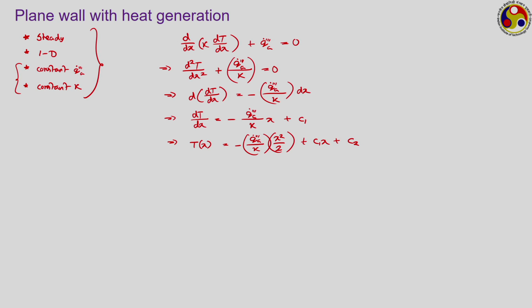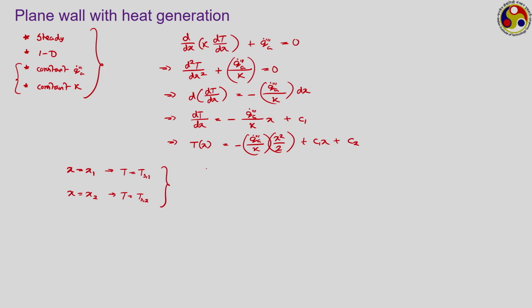Once we know the volumetric energy generation rate and the thermal conductivity, we can get the temperature profile. But of course, to get the temperature profile, we need a couple of boundary conditions, because there are two unknown constants, C1 and C2. Let us say at some location x equal to x1, it is given that T is equal to Ts1, and at x equal to x2, it is given that T is equal to Ts2.